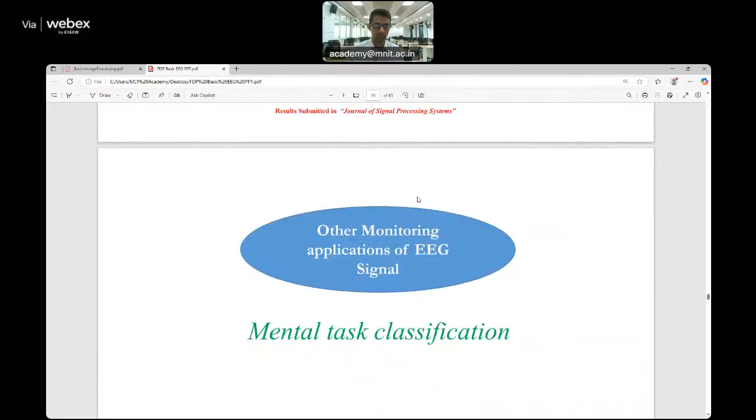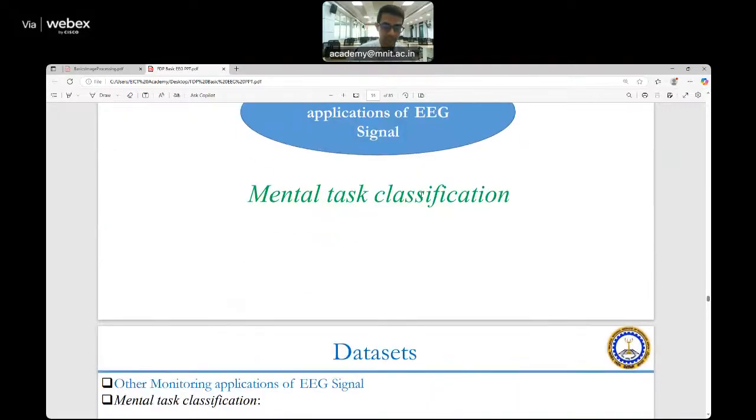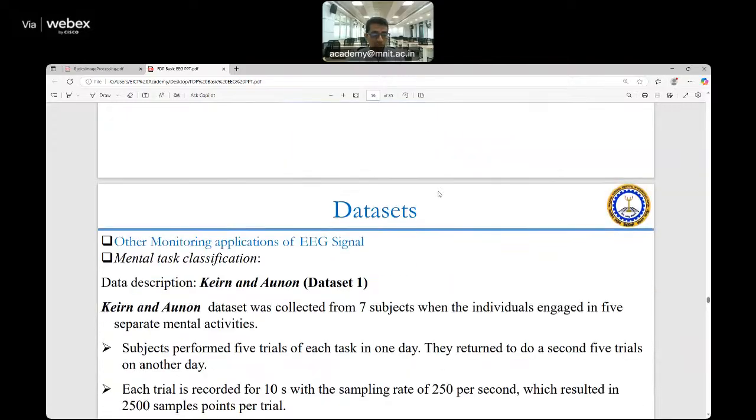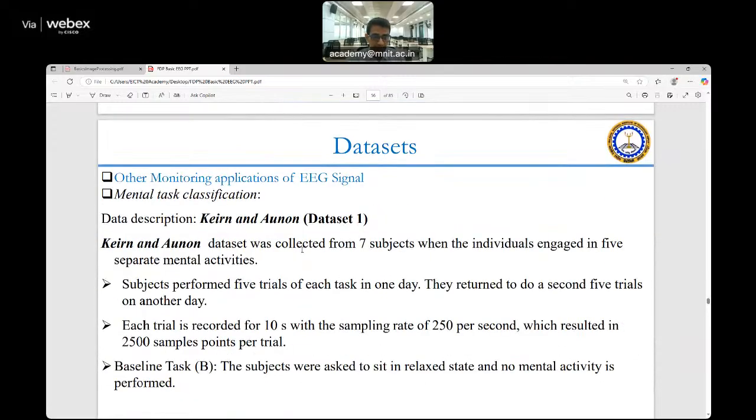Now coming to the mental task classification, the normal EEG application. What we are doing again, here is another data set, the Keirn and Aunon data set. Here data was collected from 7 subjects when the individuals engaged in separate mental activities. Subjects performed 5 trials of each task in one day.